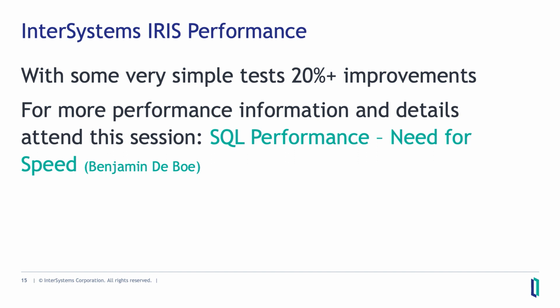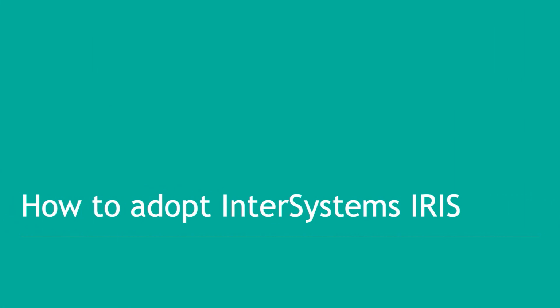Look on the agenda, I actually forgot when it is. It's called SQL Performance, Need for Speed. It's not just about talking about SQL, it talks a wide variety of things that we're working on. And it's actually a huge amount of things that are still in the pipeline, hopefully appearing then with 2020, early spring next year. So, maybe you're enticed and you want to move to InterSystems IRIS.